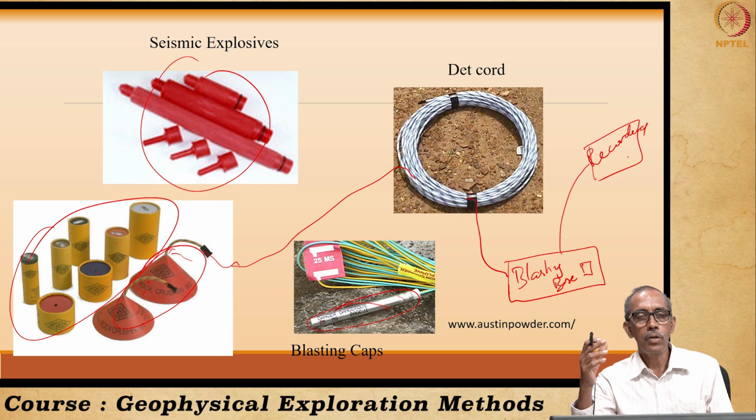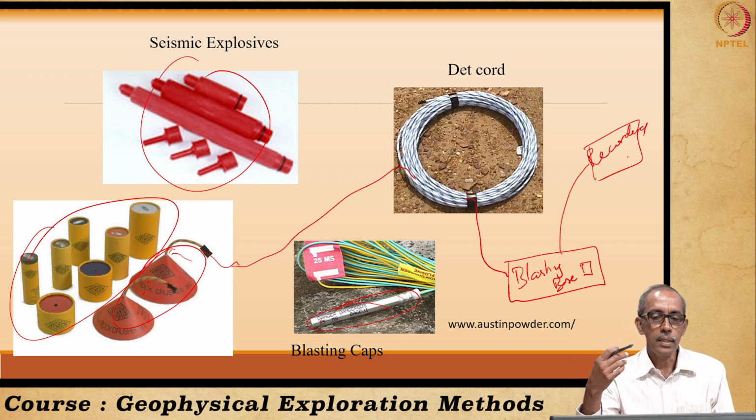So these are all the different things which we use, and we also use something like seismic gel. Depending upon the location, in very cold climates, we can also achieve this fire by having some special explosives. Sometimes we also need what is known as seismic gel.